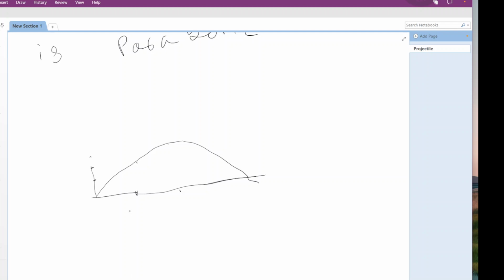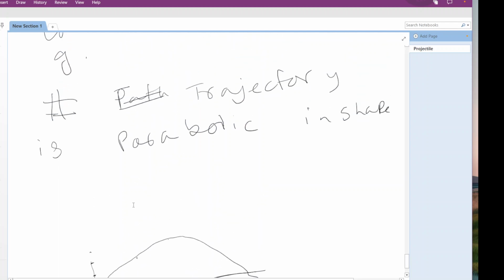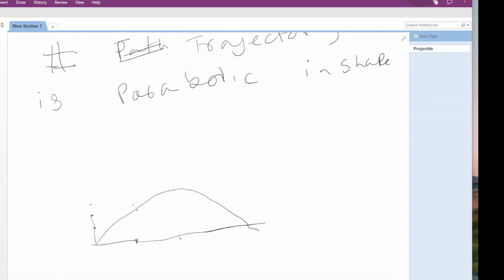And one assumption in projectiles is that we always assume any drag force or air resistance is completely neglected.